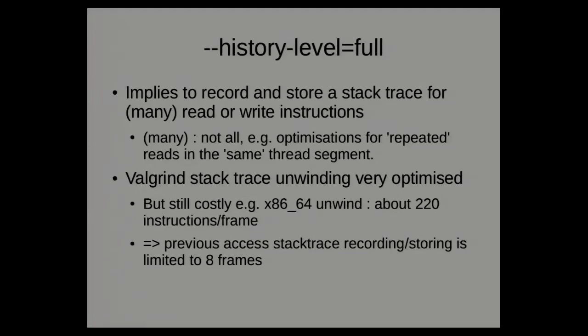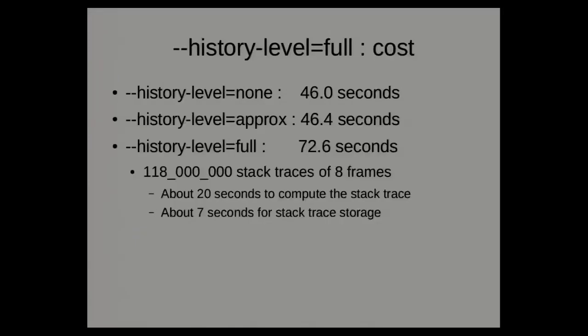Remember that we might have to record a stack trace for a lot of reads and a lot of writes. So if you record 8 frames, you might have to execute something like 2,000 instructions, but only to do the unwind, because after that you still have to store it somewhere. So you see, Valgrind is really a heavy activity, and it's storing a lot of these stack traces.